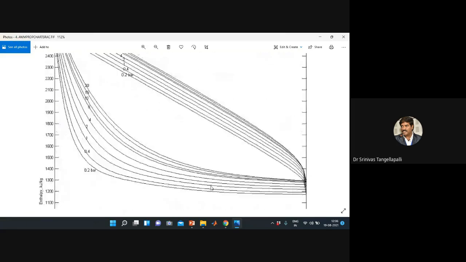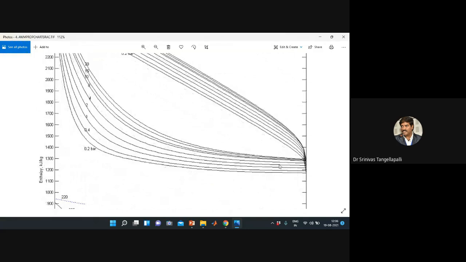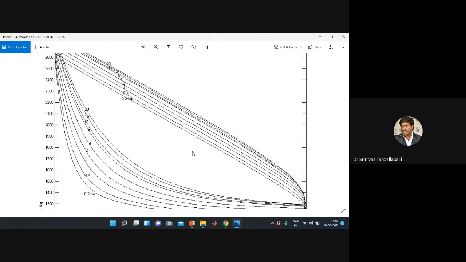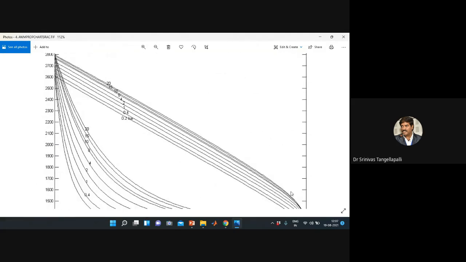Coming to the same chart, this is the vapor, and this is the auxiliary curve. This auxiliary curve is used to solve the liquid vapor mixture, whereas the last curve shows the properties for the saturated vapor conditions. So the combination of liquid, auxiliary and vapor gives one loop at one particular pressure.